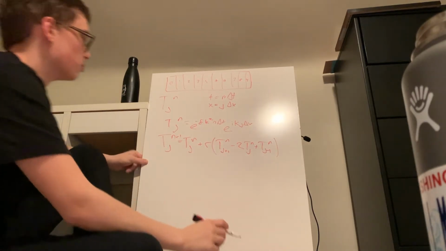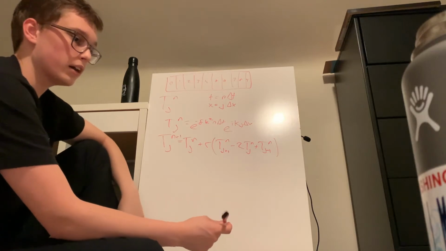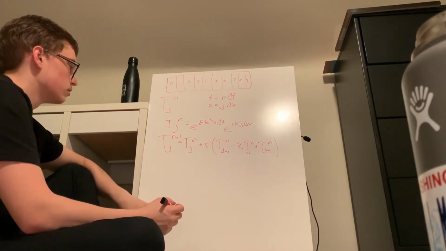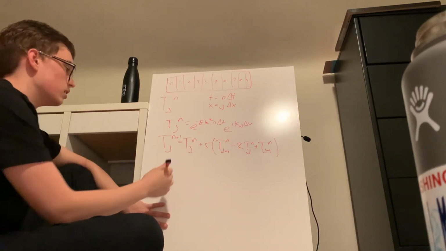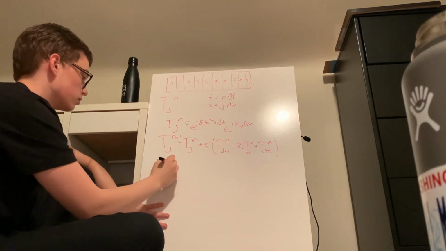And then we can simplify this further by factoring out a T j n.